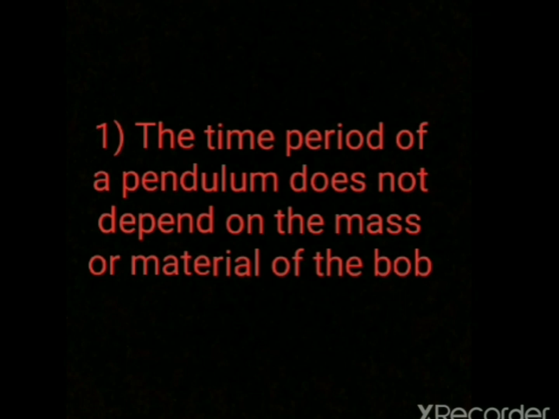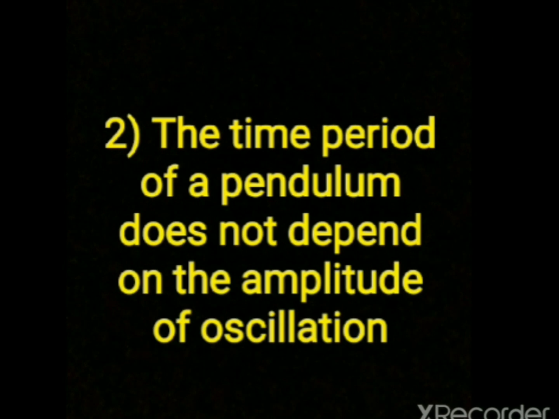That means if we take two pendulums of equal length but with bobs of different masses or different material, the time period will remain the same. The second factor which does not affect the time period is the amplitude of the pendulum.